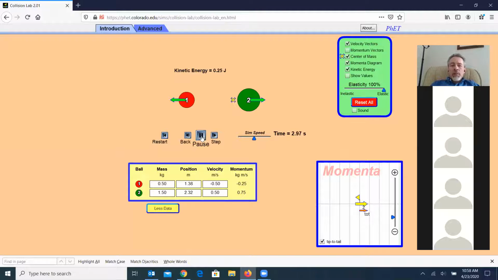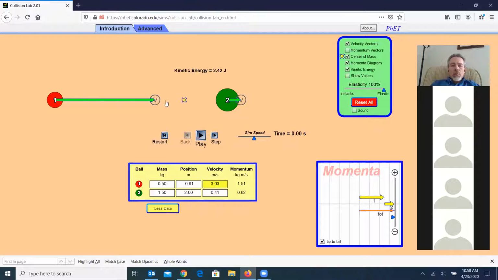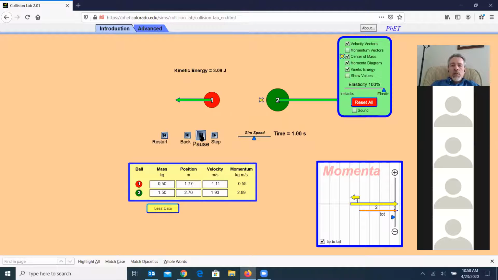It could be that you had them moving towards one another. You could change the mass of them, and you can change the speed of them. Let's say this one's moving this way, and this is going faster, and you could have it be elastic. So you just need to have at least 2 of the elastic collisions.